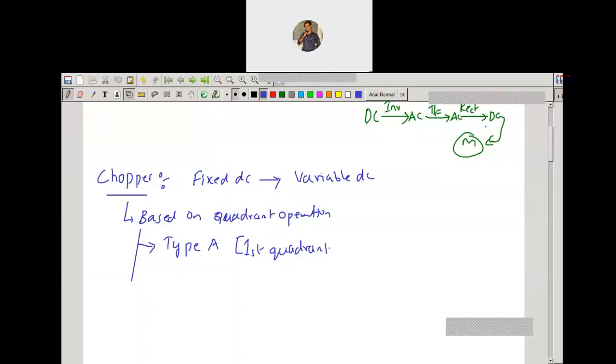And one more is type B chopper. This is a classification based on the mode of quadrant operation. Type B chopper is called a second quadrant chopper. And one more is type C chopper.